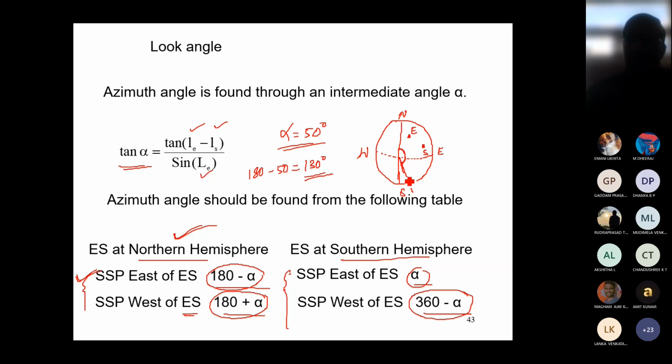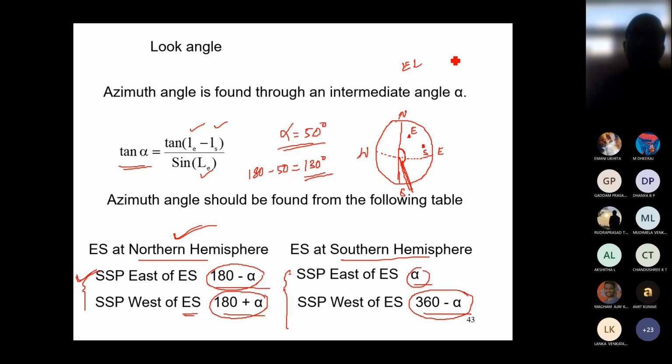That means in this direction, your satellite is present at an elevation angle EL. At that elevation angle, the satellite is located.